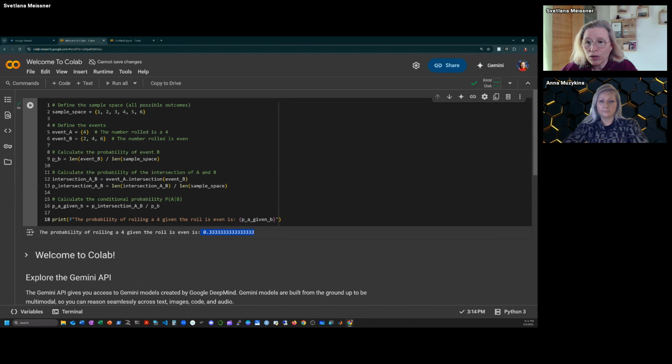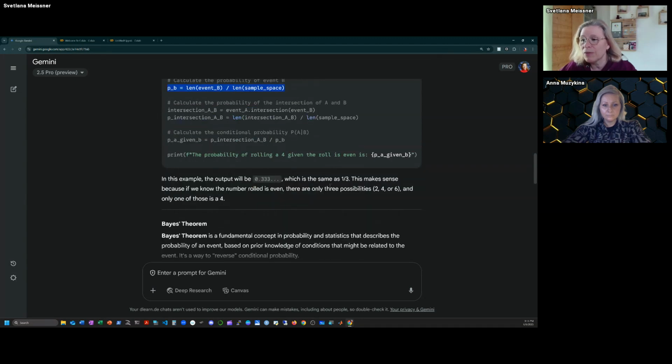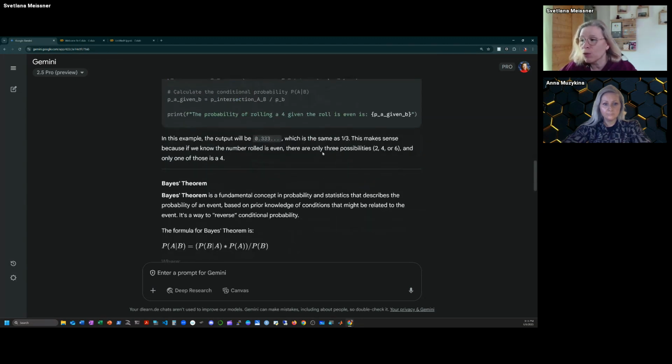So here, calculating the probability of event B, then calculating the probability of the intersection of A and B. These two lines of code, and then putting all this together, calculating the conditional probability. You can also calculate this much quicker on a piece of paper. But again, this is how the conditional probability works, and we are having the probability of one third.